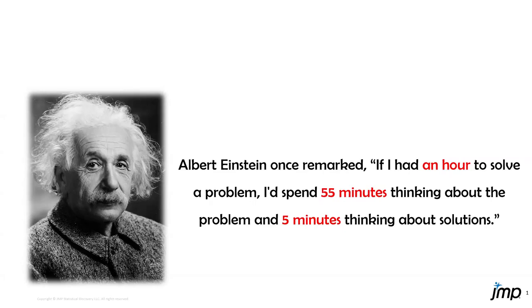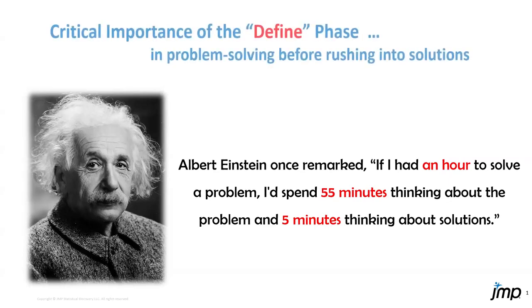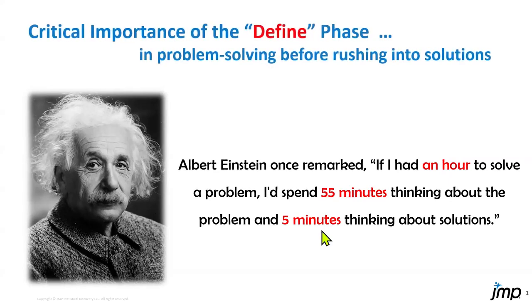This maybe sounds a little bit extreme for an ordinary person, but what he wants to emphasize is the importance of the define phase in problem solving, before we really rush into the solutions.